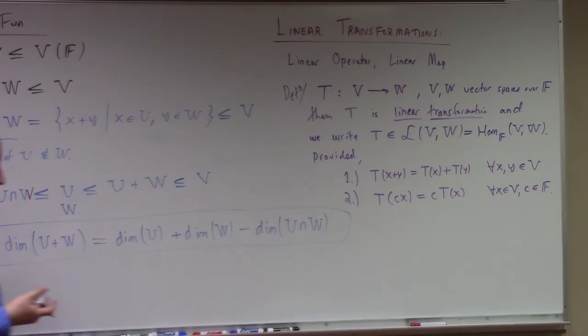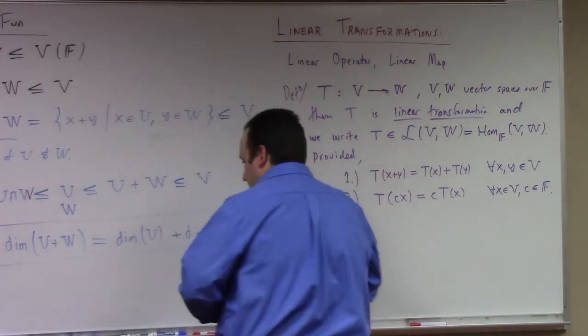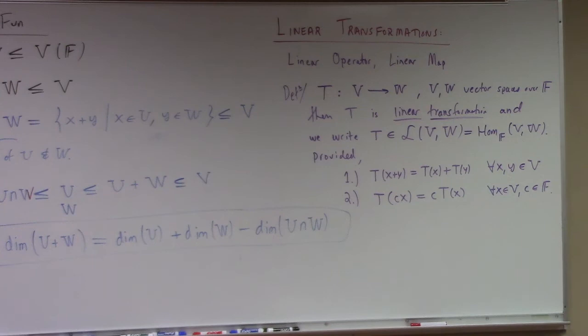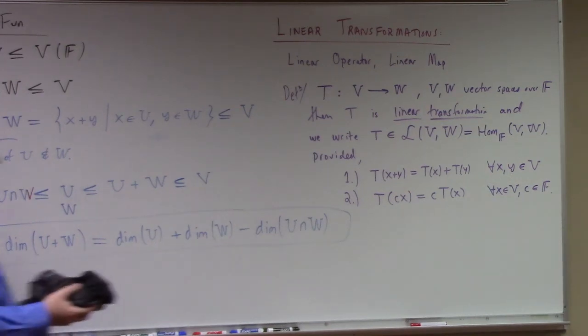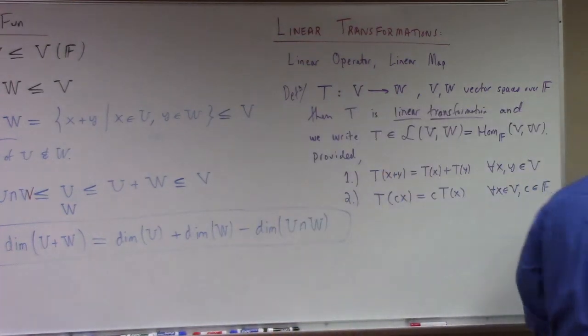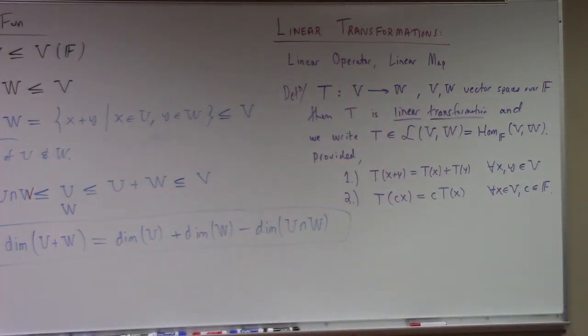All right. So are there any examples you can think of? There are two kind of stupid examples that you can always give. How about the zero map? What if you just take everything in the vector space V and map it to the zero vector in W?